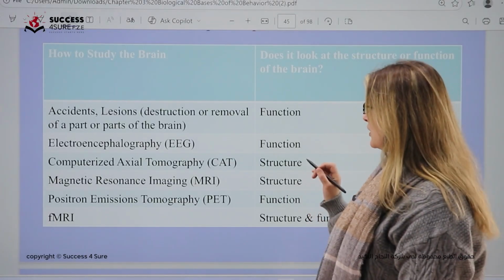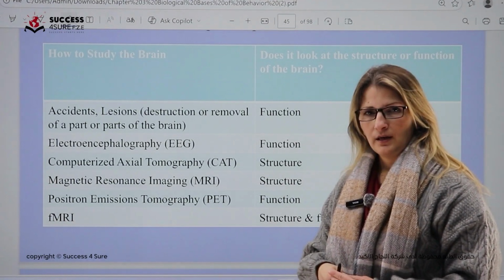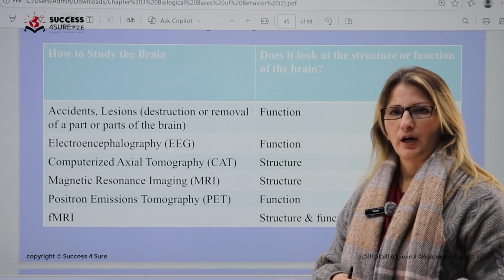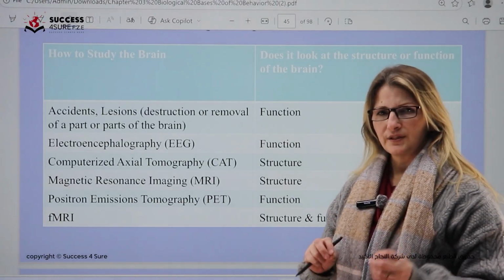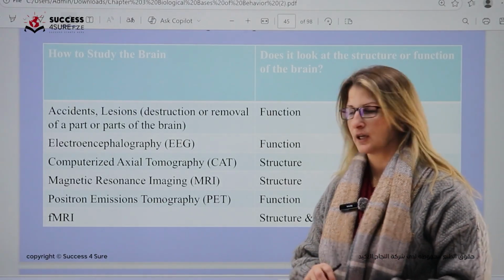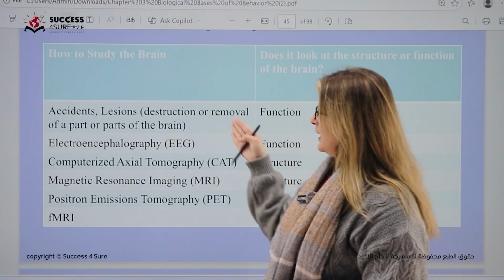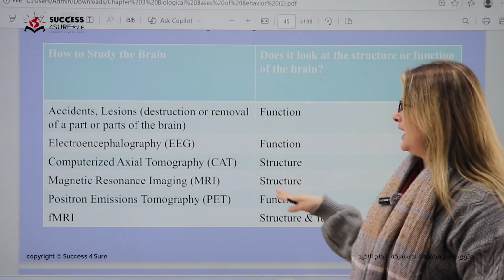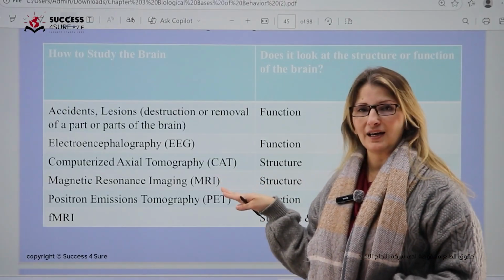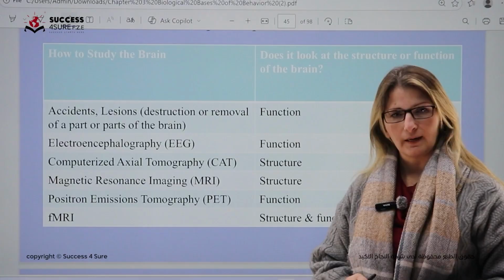So if I want to combine the functionality of the brain and the structure of the brain, I have to look for specific tools of investigation. For example, EEG deals with the function. Lesions and accidents also deal with the function. And the CAT only investigates and examines the structure of the brain.